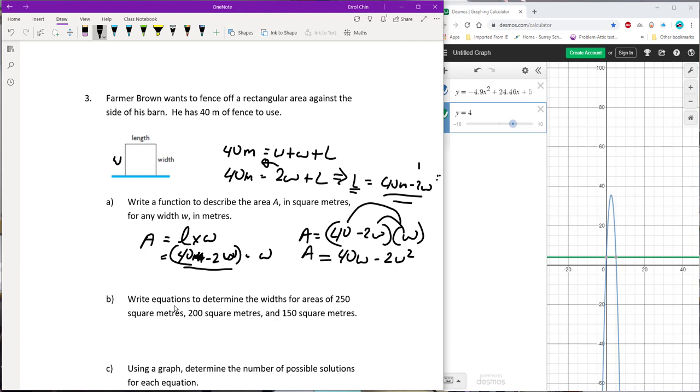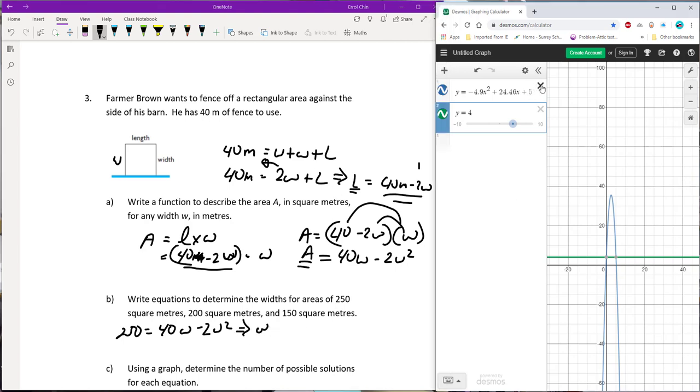It says write equations to determine the widths of the areas for 250 square meters. Now it's saying, hey, make A equal to 250 square meters. That's 250 is equal to 40W minus 2W squared. So what would W have to be? Well, I'm going to go back to my Desmos and I'm going to do this.